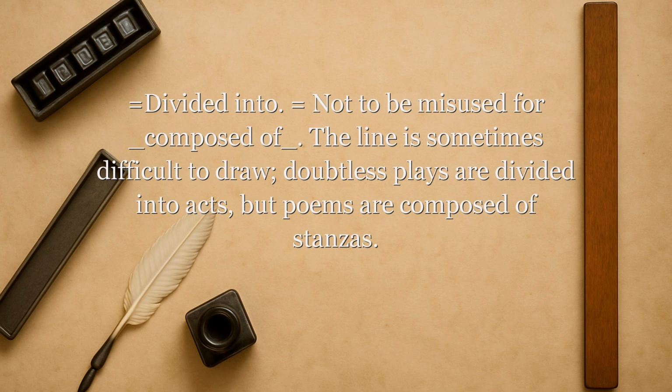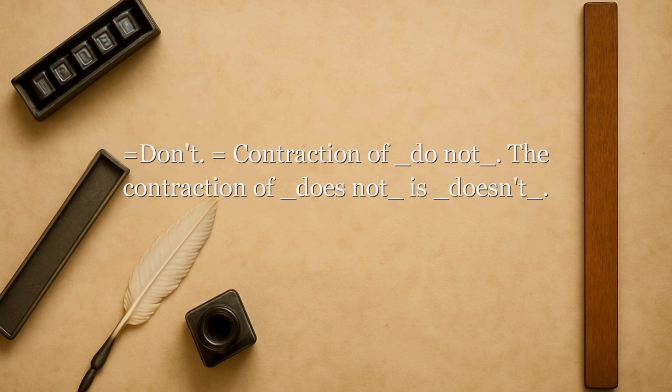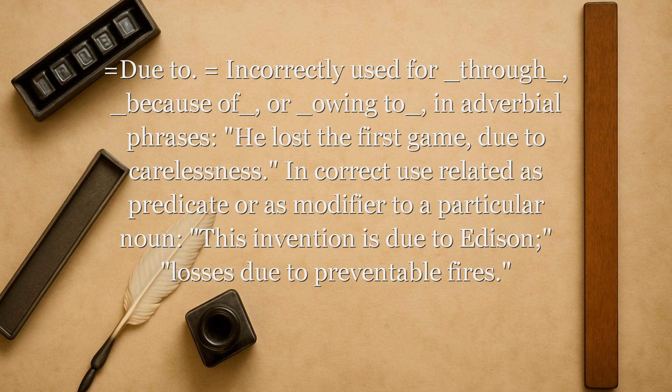The line is sometimes difficult to draw. Doubtless plays are divided into acts, but poems are composed of stanzas. Don't. Contraction of do not. The contraction of does not is doesn't. Due to. Incorrectly used for because of, or owing to, in adverbial phrases.